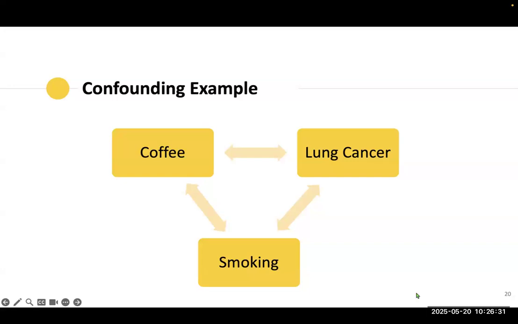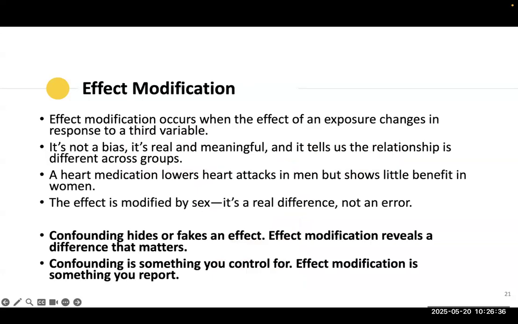Now, it's important that that's different than effect modification. Effect modification occurs when the effect of an exposure changes in response to a third variable. It's not a bias, it's real and it's meaningful, and it tells us the relationship is different across groups. The example I have here is if a heart medication lowers heart attacks in men, but doesn't show any benefit for women.